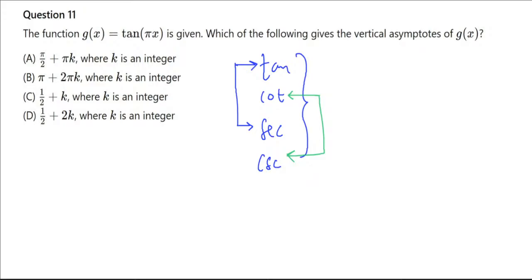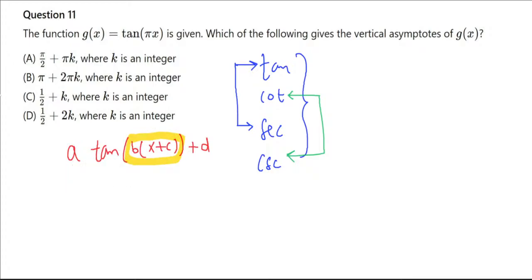Whenever I have tan, the condition that I'm looking for is the inside guy, and I don't care how complicated or fancy the inside guy is. I always try to remember it as the inside guy. When I say inside guy, I want to say that in A tan(Bx plus C) or (x minus C) plus D, I'm talking about this entire thing, right?